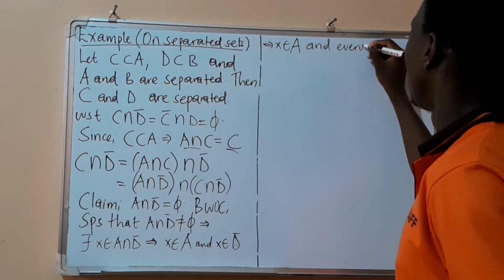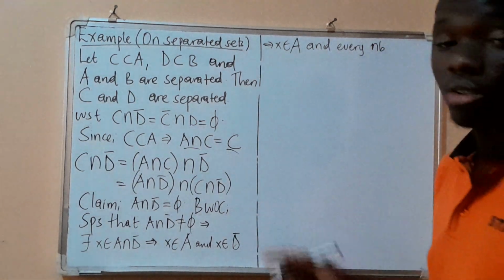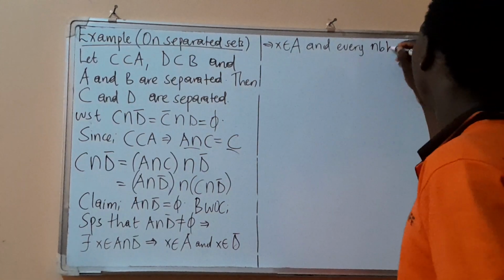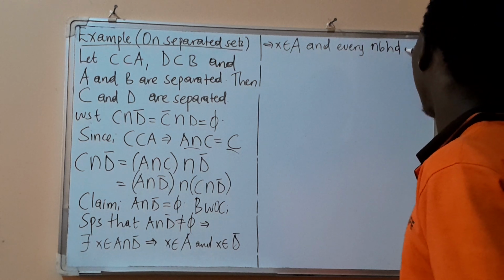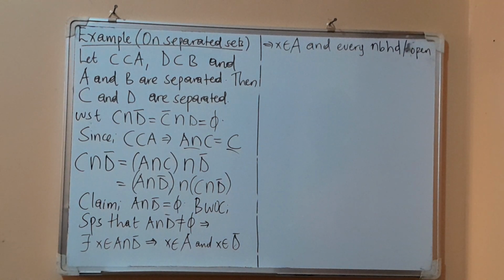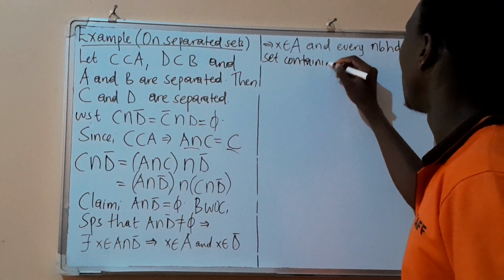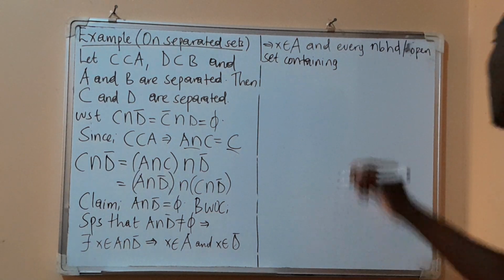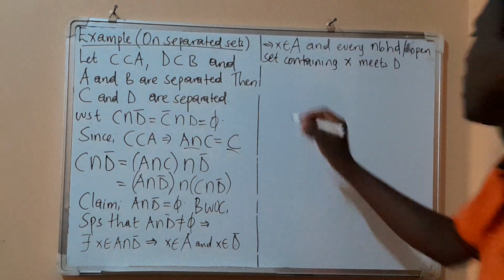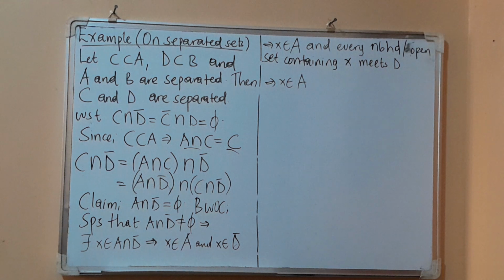By definition of closure of a set, which we defined in the previous session, X is in A and every neighborhood, or open set, containing X meets D. So this implies that X is in A and every neighborhood of X meets D.